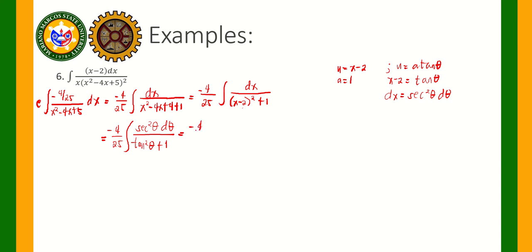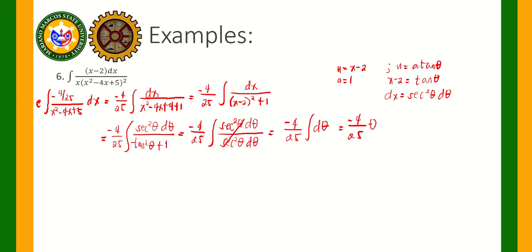So, if we rewrite this, this will be equal to negative 4 over 25, the integral of secant squared theta d theta all over secant squared theta. So this will cancel. So we will be left with negative 4 over 25, the integral of d theta. And the integral of d theta is equal to theta. So negative 4 over 25 theta.